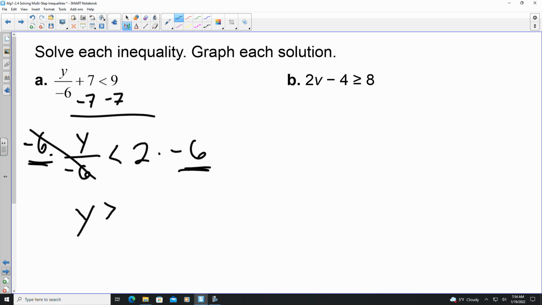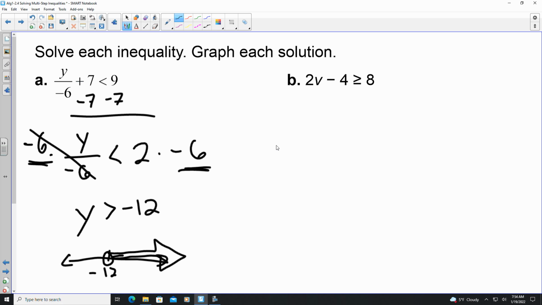And y is now going to be greater than -12. So if I want to graph this, I got my -12. It's an open circle. My variable is on the left-hand side, like we've been talking about, and my shading is going towards the arrow, which is to the right.